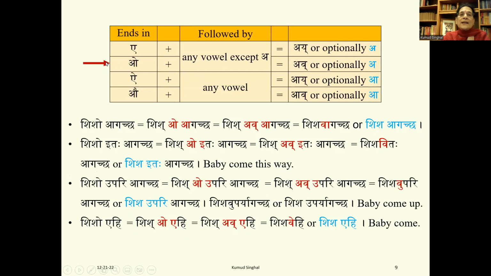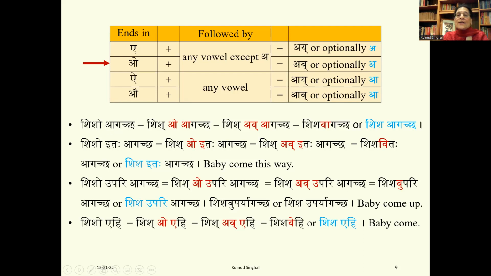Similarly, now we'll consider the case when O is followed by any vowel except a. The only difference is that instead of I, you will have avo. And the optional case is the same. So shisho agach. Shisho, the pratipadikam is shishu. Shisho is the sambodhanam, meaning oh baby. Oh baby, agach.